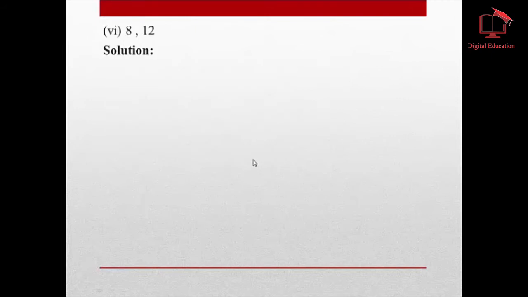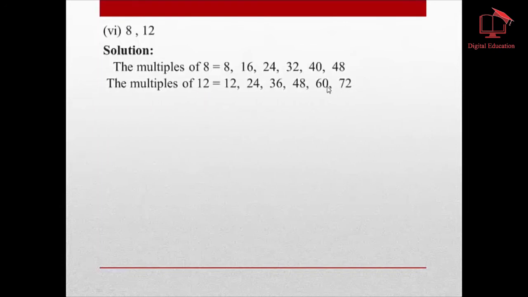Part number 6. We have two numbers 8 and 12. The multiples of 8 are 8, 16, 24, 32, 40 and 48. The multiples of 12 are 12, 24, 36, 48, 60 and 72.